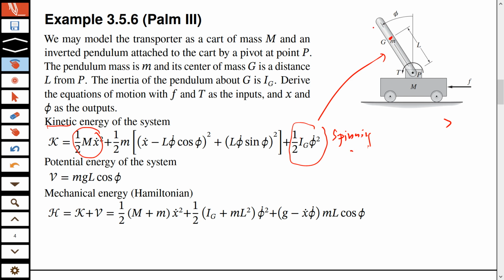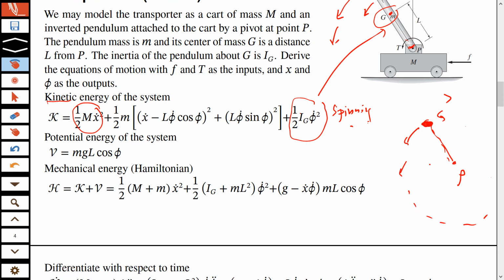So remember, if you look at the rotation of this rod, this can be seen as spinning about G combined with orbital motion about P. If you look from P, you can think of a massless rod and all the mass concentrated at G, and then you can think of it like a motion in a circle.